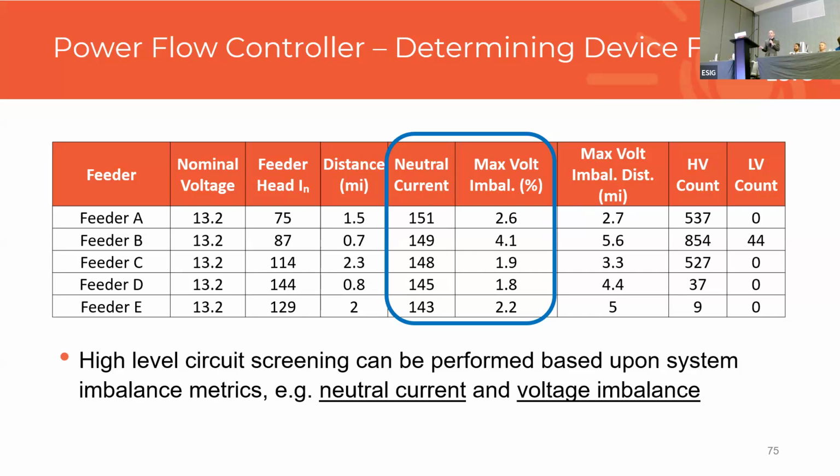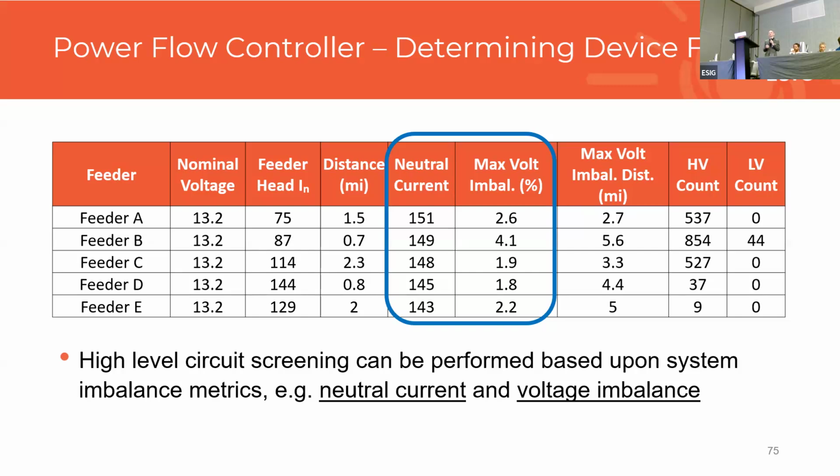The easiest method, and we'll start there, is to just look at your feeder head neutral current. It's a pretty easy thing to pull. A lot of people have data at this particular point. So you can use that as a pretty quick metric, pulling it across all your feeders.